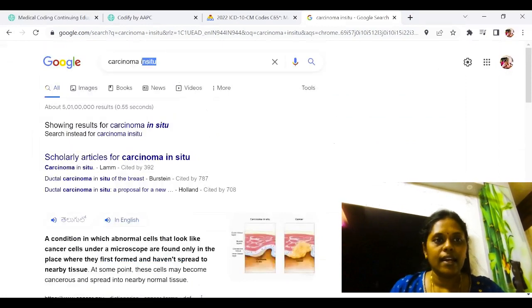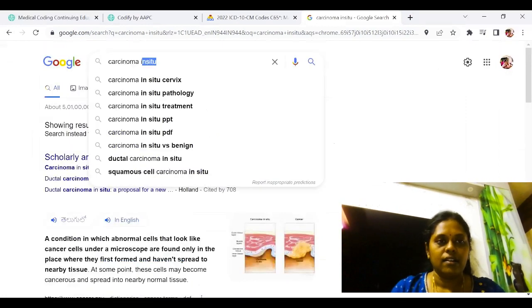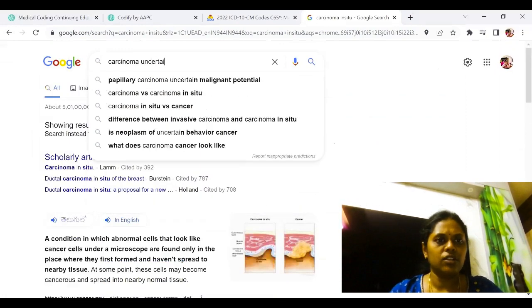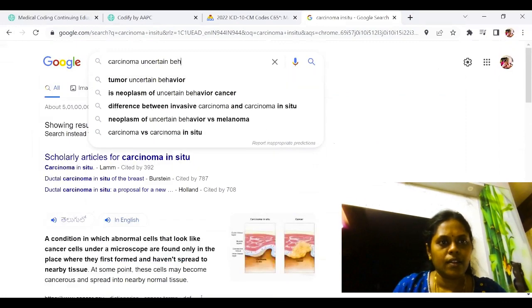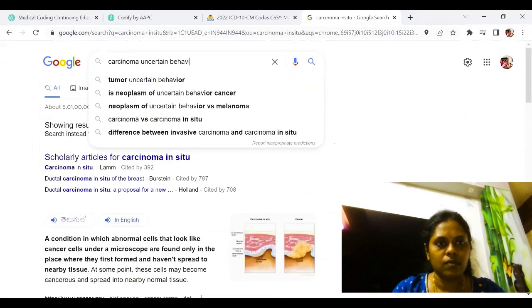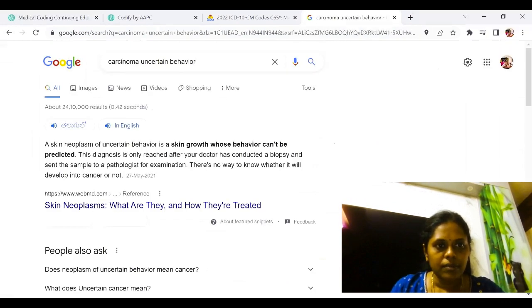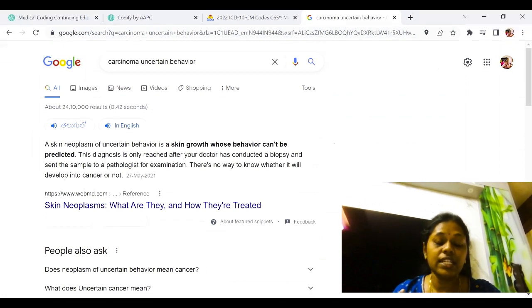Then benign neoplasm is non-fatal and it can be removed through surgery or through medicines. Uncertain behavior: a skin neoplasm, that means a skin growth whose behavior cannot be predicted. That means the physician is not able to determine whether it is malignant or benign.